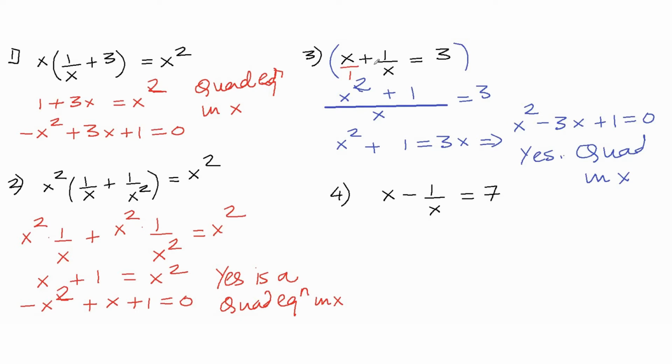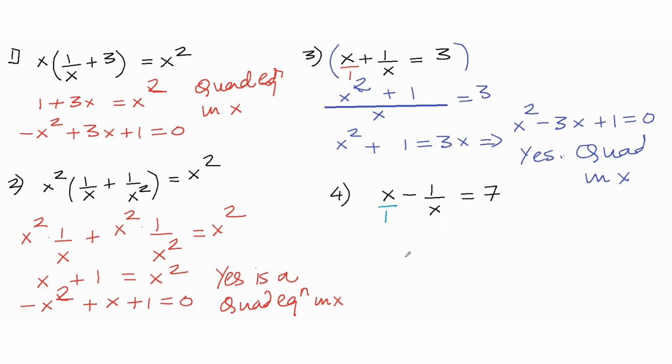So whenever you have brackets or terms to combine using LCM and so on, always do that combination before you decide whether it's a quadratic equation or not. So let us similarly solve the fourth one.